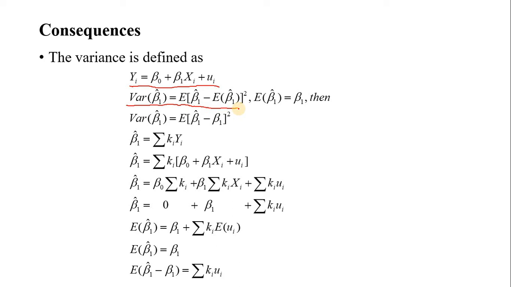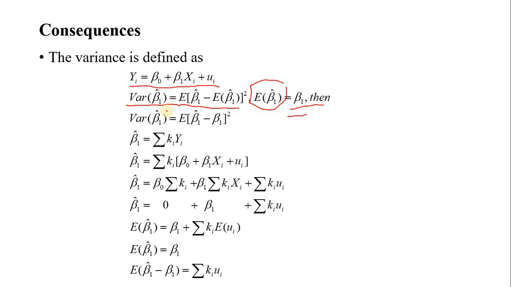Similarly, we can find that the variance of beta 1 is expected beta 1 cap minus expected beta 1 cap, whole square. Here we already found that the expected beta cap 1 is equal to beta 1, from the unbiasedness properties.